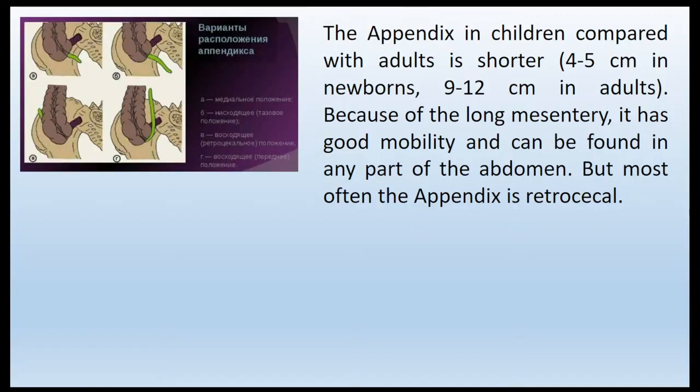Because of a long mesentery, it has good mobility and can be found in any part of the abdomen. But most often the appendix is retrocecal. In the picture you can see different positions of the appendix, especially in early age.